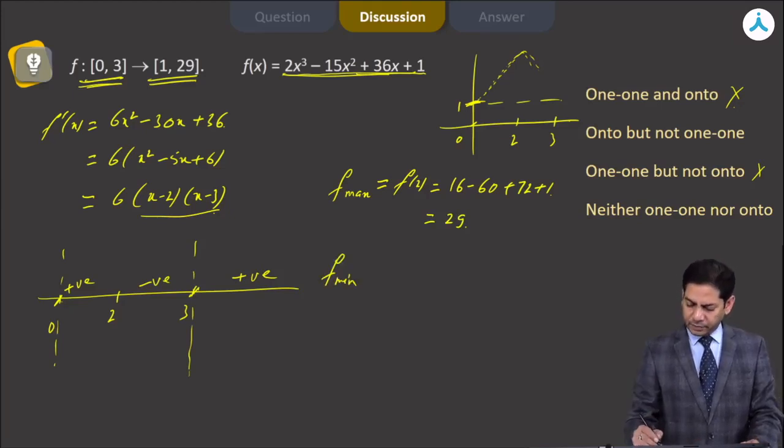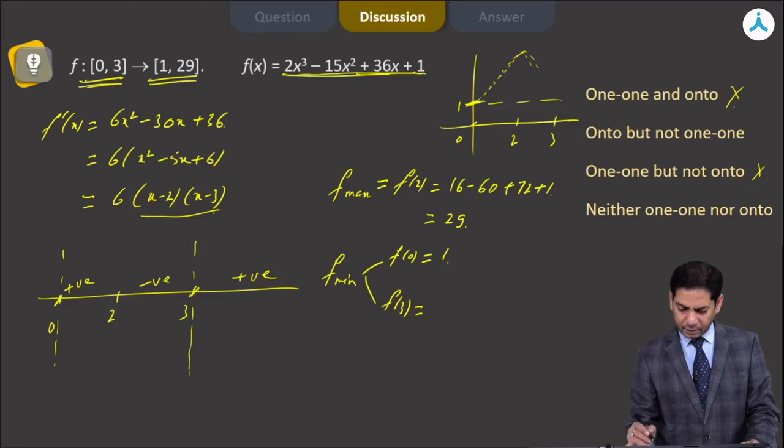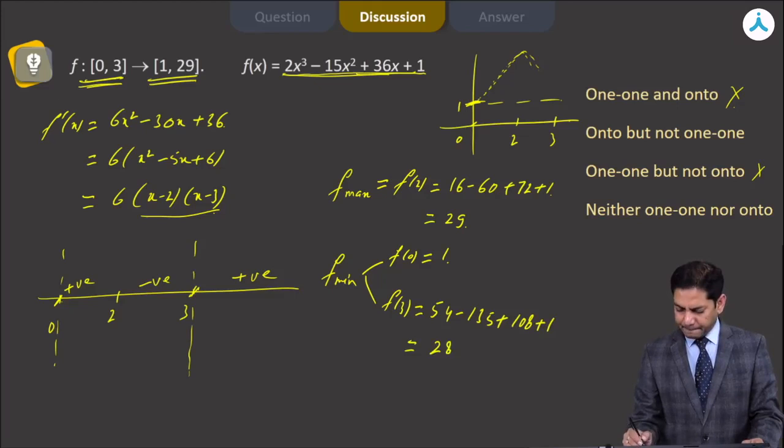And the minimum value may be at f of 0, and that is coming out to be equal to 1, or maybe f of 3, which we need to calculate. So f of 3, if we calculate that, 3 cube 27 multiplied by 2, 54 minus 9 multiplied by 15, 135 plus 108 plus 1, that is equal to 28.